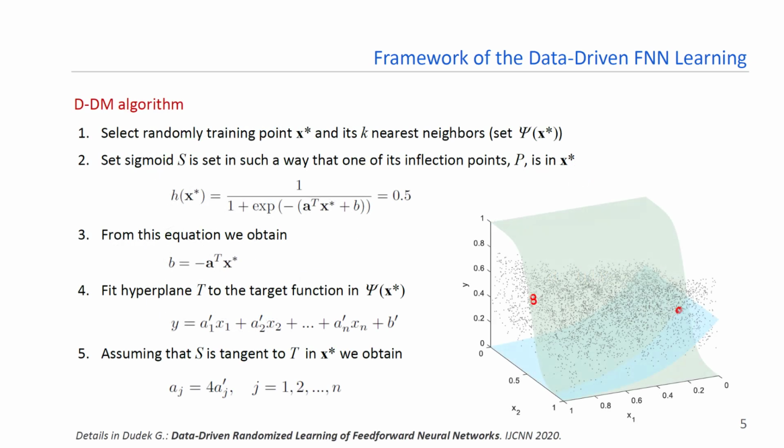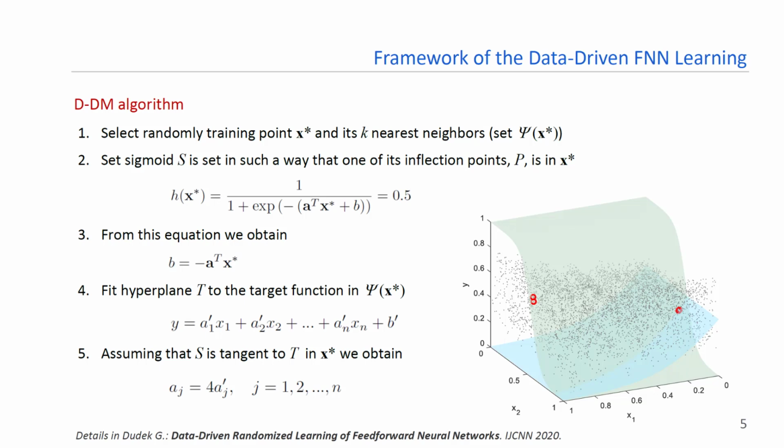The algorithm of the data-driven method is as follows. In the first step, we select randomly a training point x asterisk and its k nearest neighbors. This is set C. This set is shown as red points in the figure. Then we introduce the sigmoid S into the input space.